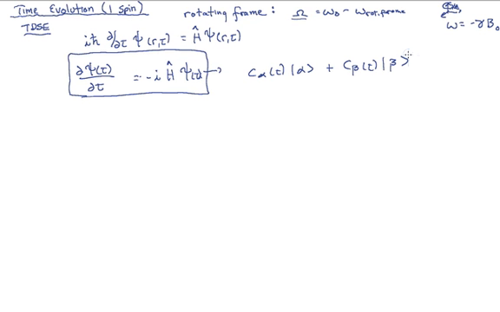So that's the most general form of a one-spin I equals 1/2 wave function. So with that in mind, we're going to take the derivative as a function of time of this wave function, where now these coefficients are time dependent.